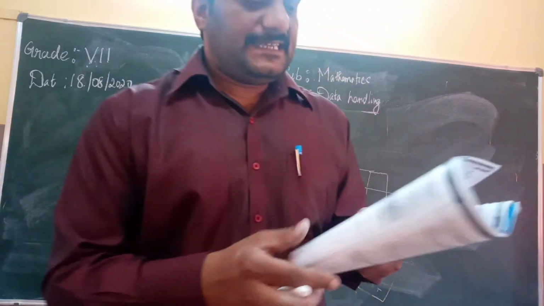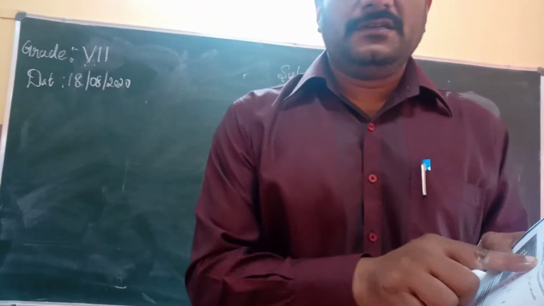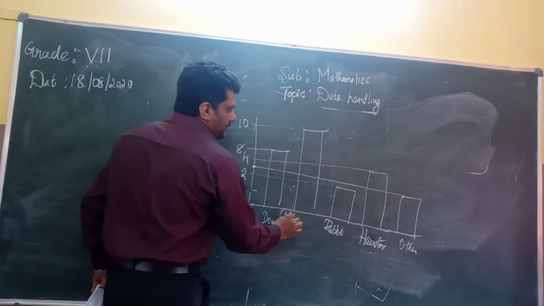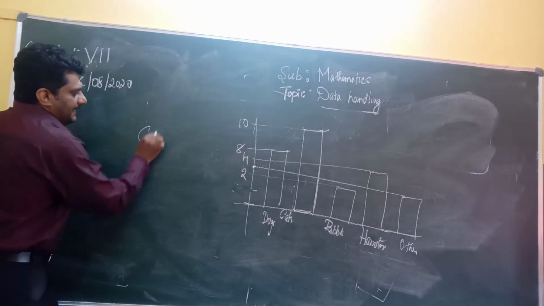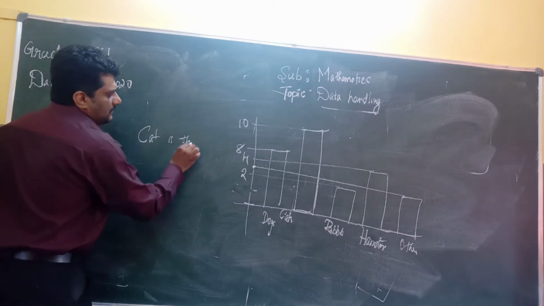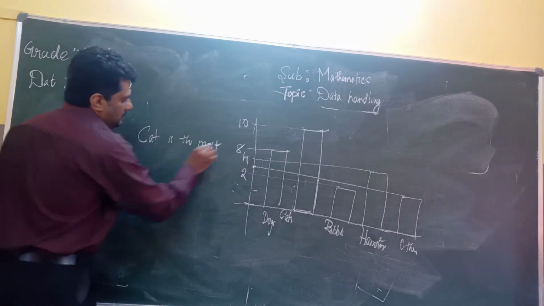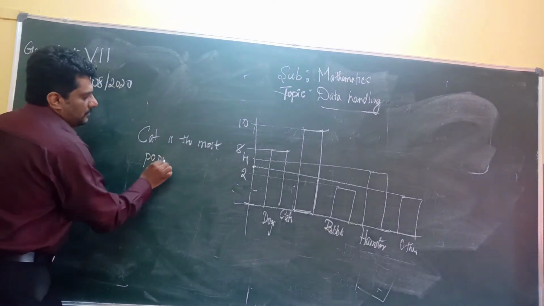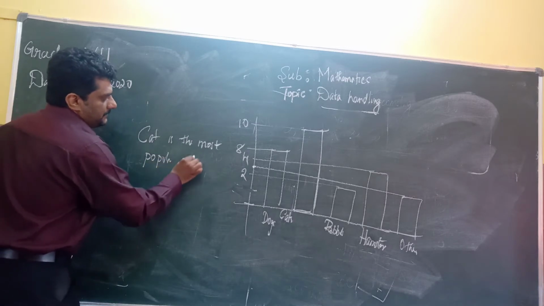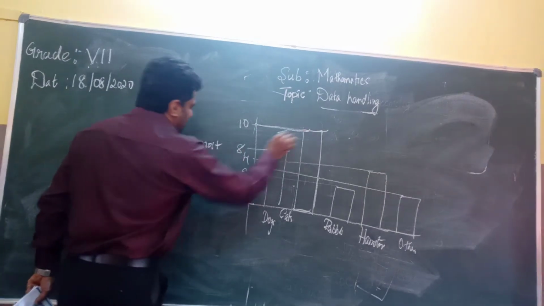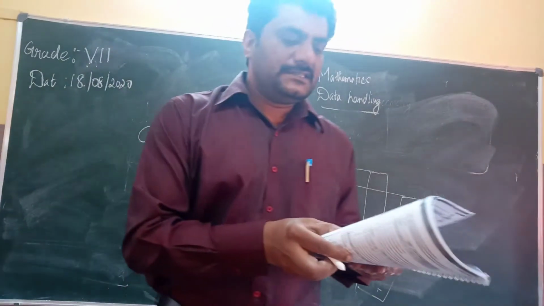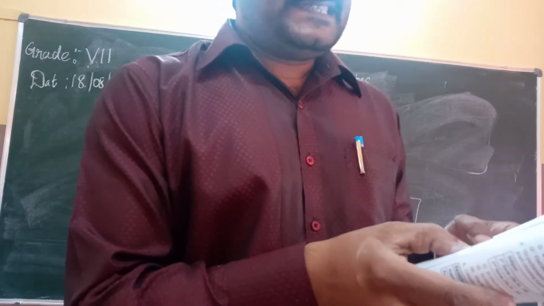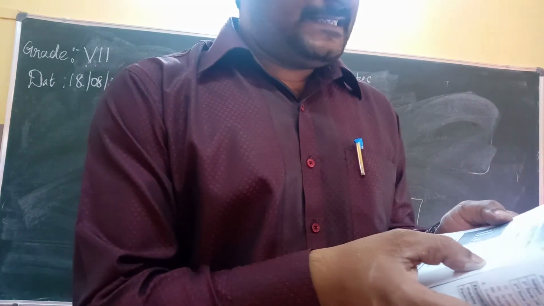Now what they are asking is which is the most popular pet. Now in this, which one is the longest one? This is the longest one. So you have to write cat is the most popular pet. How many numbers does it have? 10 numbers. Now the second part of the question is how many students have a dog as a pet?